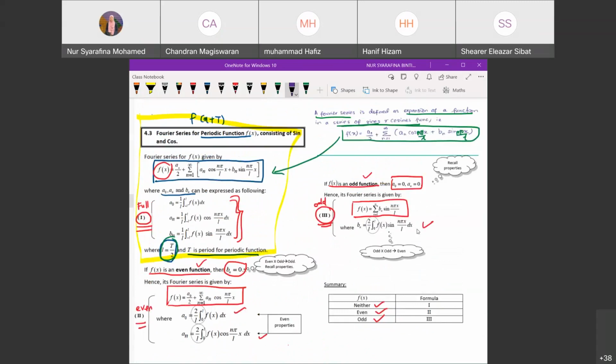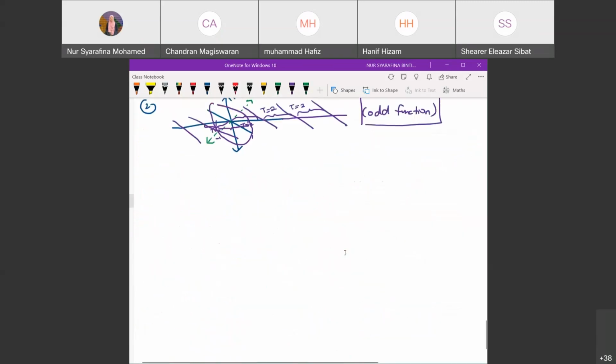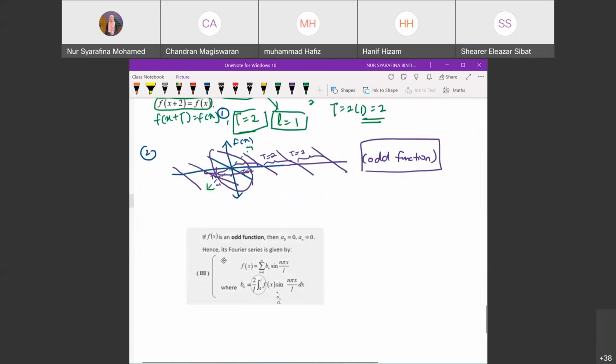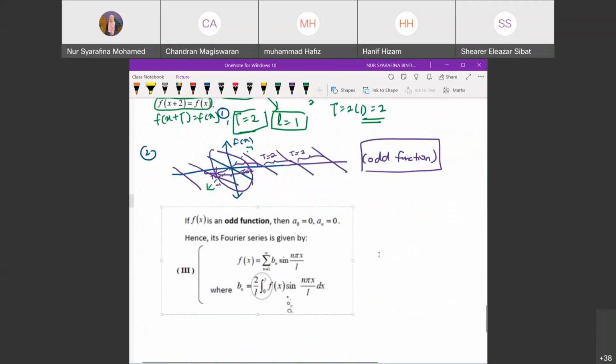So we use the third formula here, where you know that A0 and An equal to 0. So you just need to find your Bn.